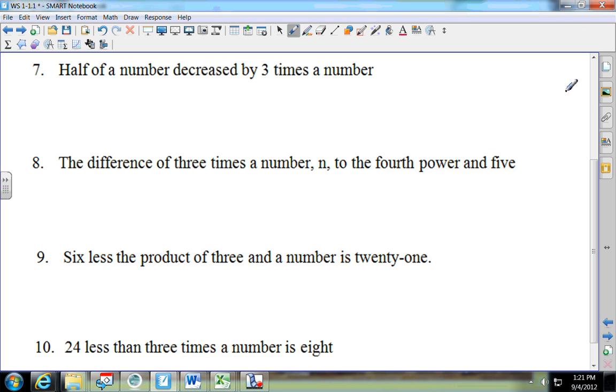Okay, for the first one up here, it says half a number. Well, 1/2 a number decreased by 3 times a number. Yes, ma'am.